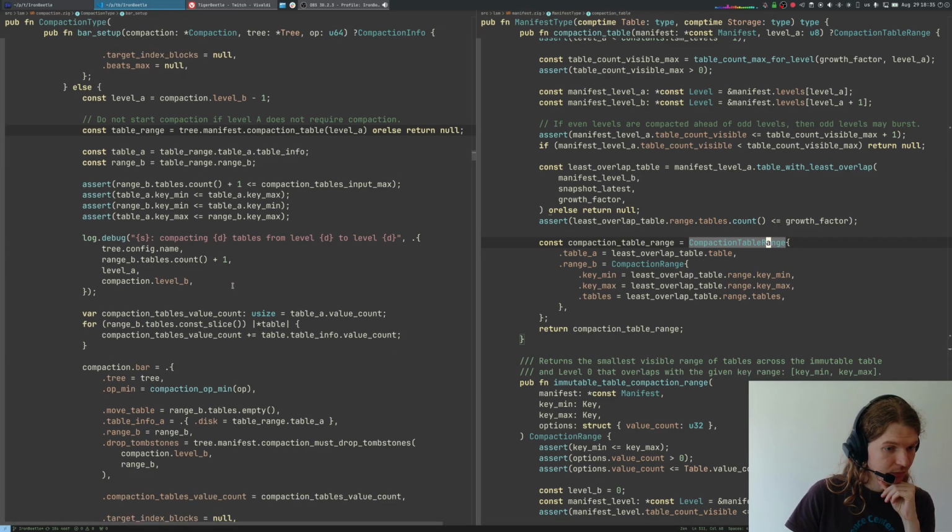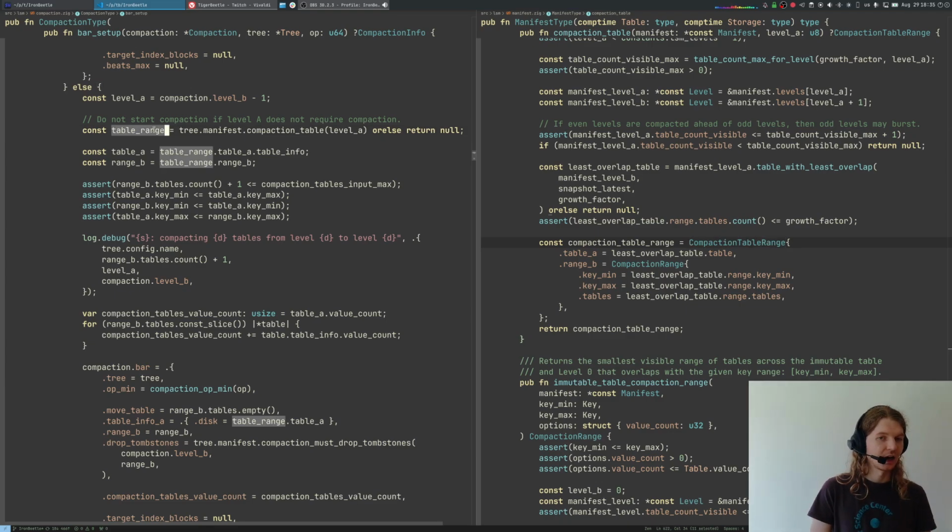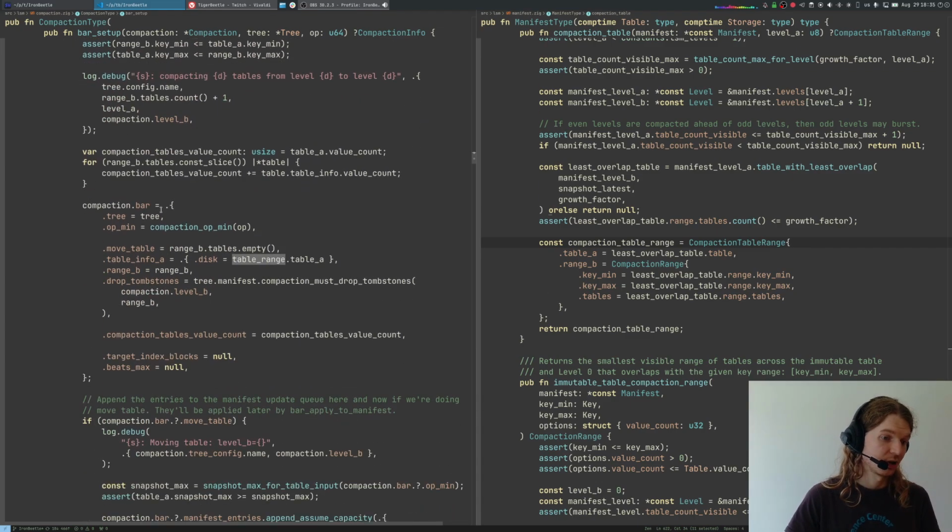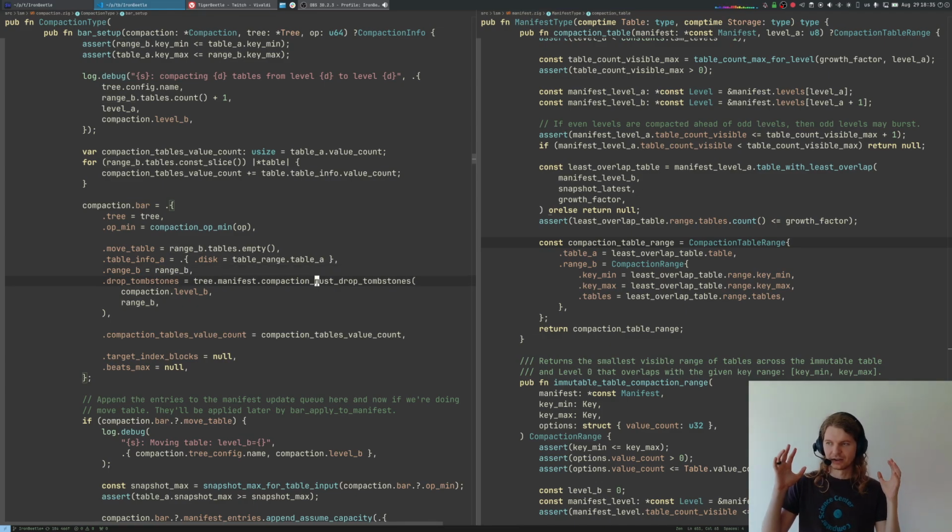Okay, so we figured out what we want to compact, and then we say we are going to compact from this table A on disk to this range of tables which are always on disk, as usual, dropping tombstones if there aren't tables further down which could intersect with our tables.